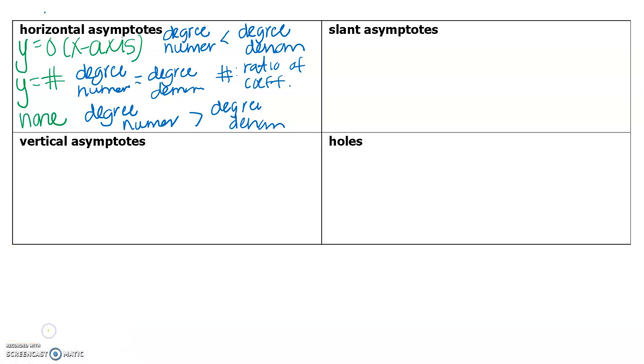Next type of asymptote is going to be a slant asymptote. The slant asymptote is going to be a possible case when you have no horizontal asymptote. And we're going to have a slant asymptote when the degree of the numerator is bigger by 1.